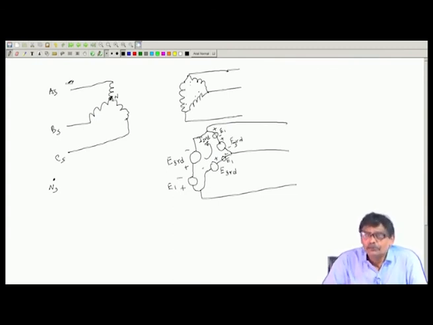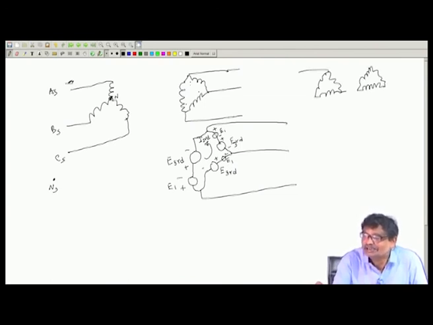Therefore, it looks like that whenever you connect a transformer, you want to decide whether star delta, delta star. In delta delta also there is no problem, because the third harmonic current can circulate. See, if the connection is delta delta, this is delta, this is delta, you please think about it qualitatively.